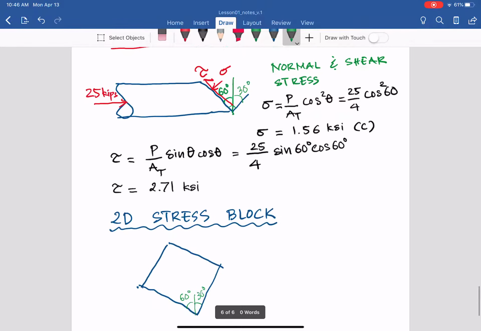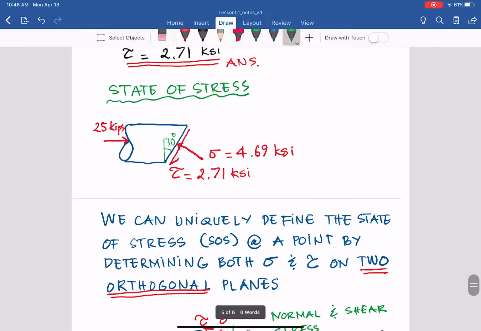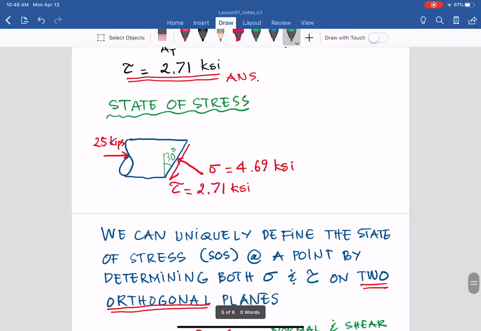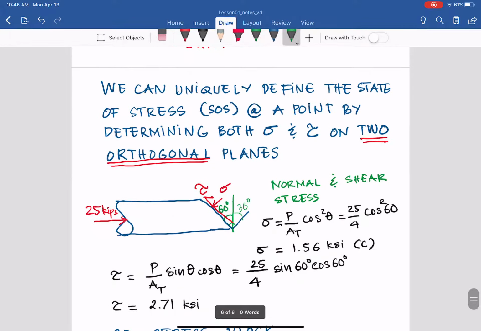On the face at 30 degrees, we already have 4.69 ksi and 2.71 ksi.